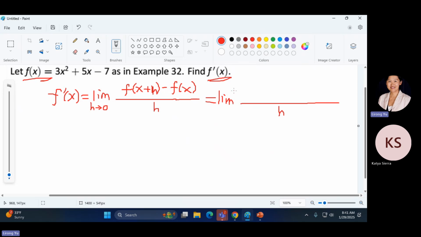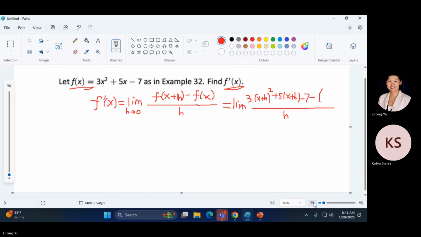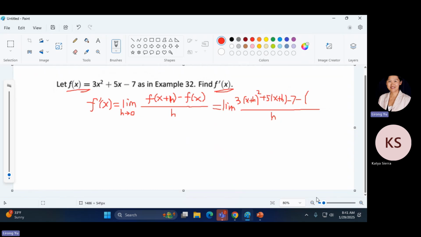So the numerator will be 3 times (x plus h) squared plus 5 times (x plus h) minus 7. And then minus f of x, and the f of x is... out of space.